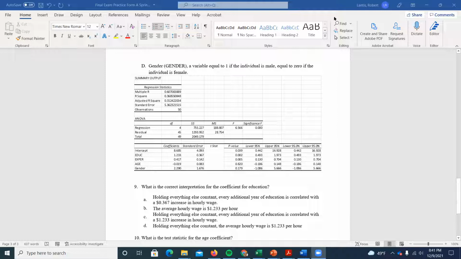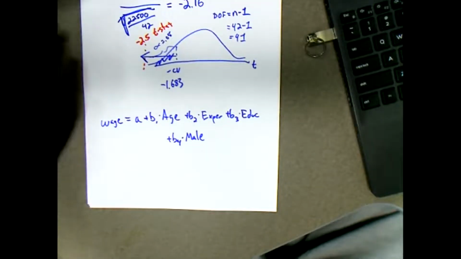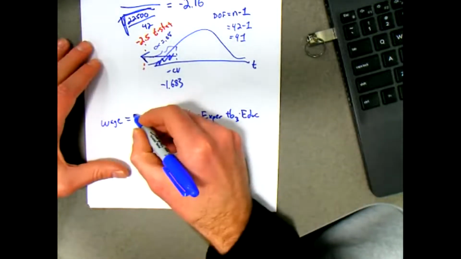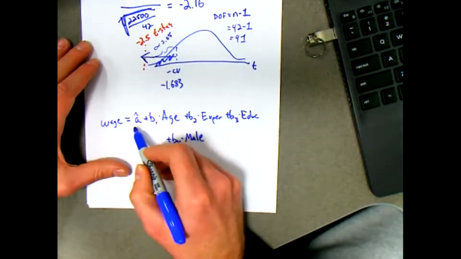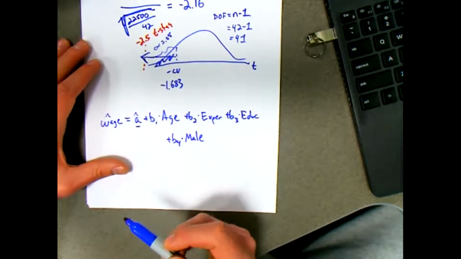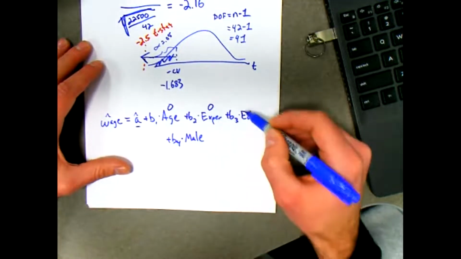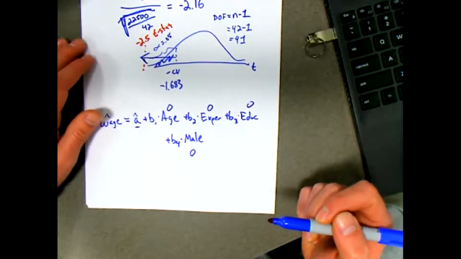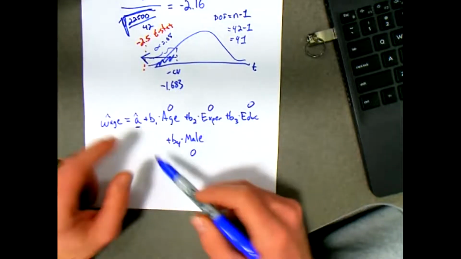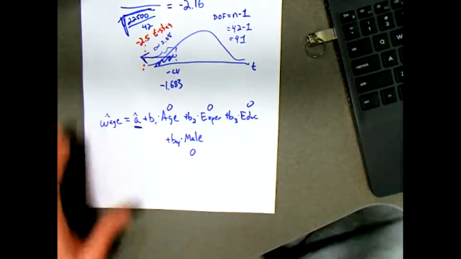What if I had asked you to interpret the intercept? Well, the way we interpret the intercept when we have these multiple variables is that whatever value we see here is the expected or predicted wage if all of our x variables are equal to 0, right? Because if they're all 0, 0 times anything would just be 0, and all we're left with is that intercept.